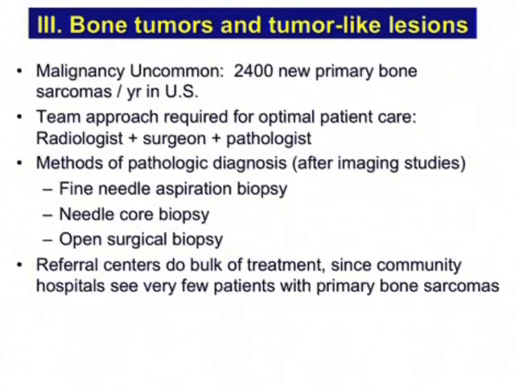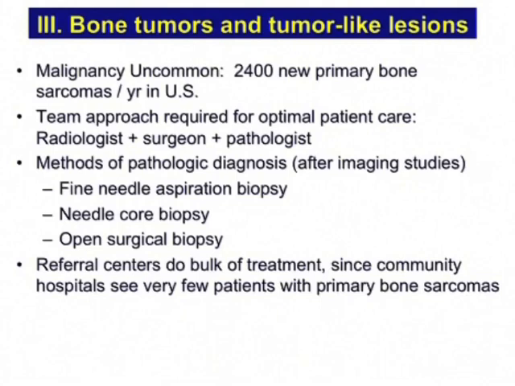Bone tumors in general, you really need a team of people to make the diagnosis and treat this patient. When I did my fellowship in bone and soft tissue pathology, there were only 7 programs in the country that even offer that fellowship.